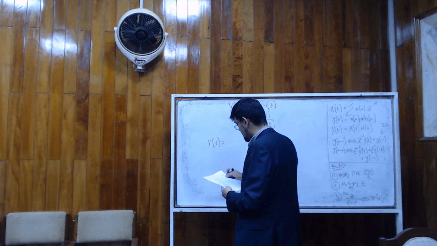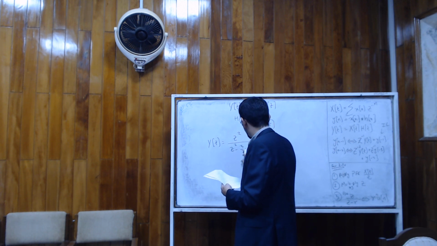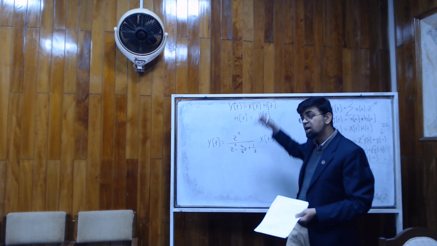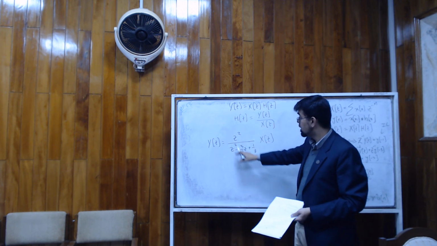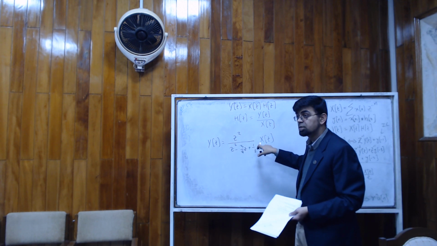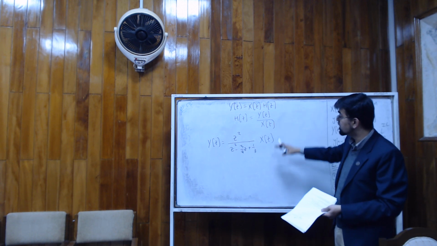We said, let's say, it was Z square over Z square minus 3 by 4 Z plus 1 by 8 times XZ. Remember this? जब start किया था ना आपने, first you had this thing times XZ, then we put XZ in here. right? But now from here, comparing to this thing, can you tell me what is hz?